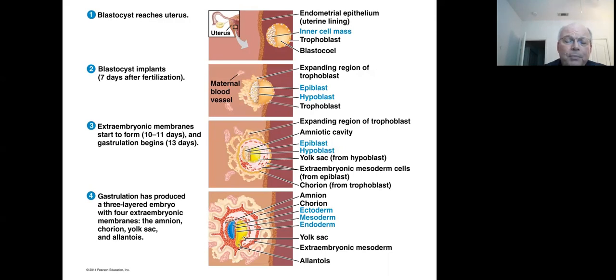Now, in placental amniotes, that is mammals, those membranes serve substantially different functions to the original functions that they served in egg-laying amniotes. So let's take a look at the function of those membranes in egg-laying amniotes, because there we see the functions that they were intended to serve.